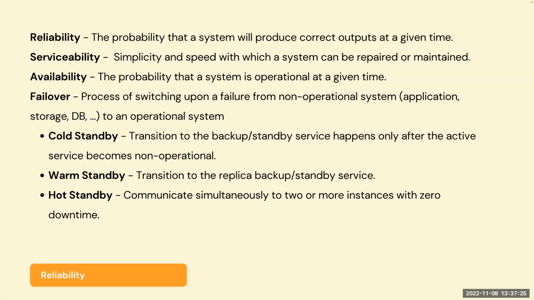So now let's talk about reliability. Reliability is, at a given time, will it work as expected? Serviceability is similar to maintainability, which is how simple, how easy, how fast it is to fix if there is an issue in your application. Availability is more about whenever the customer or service is getting used, it's operational, it works.